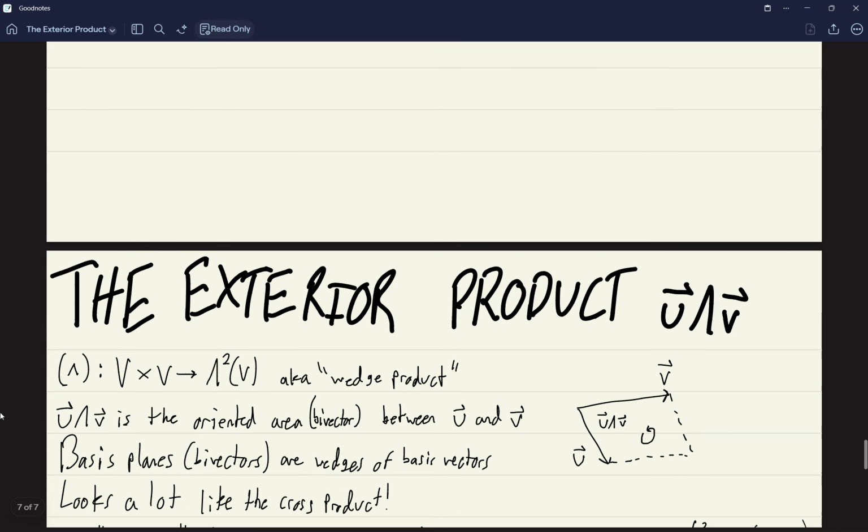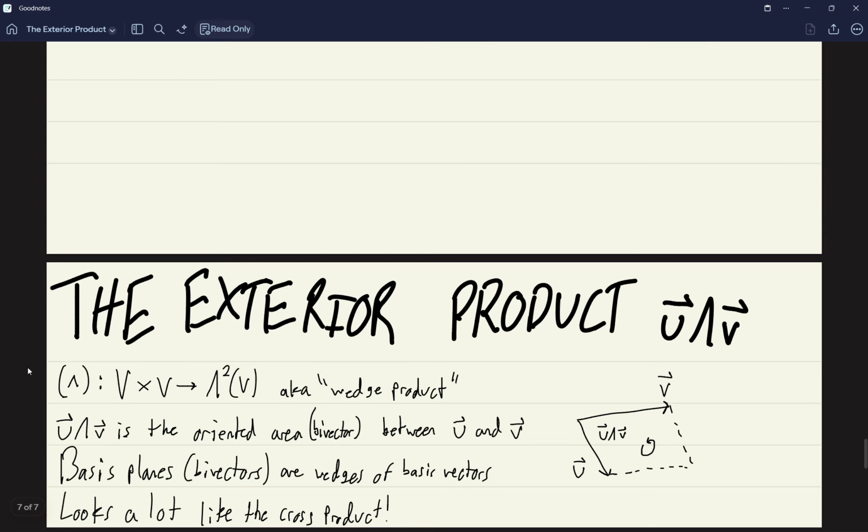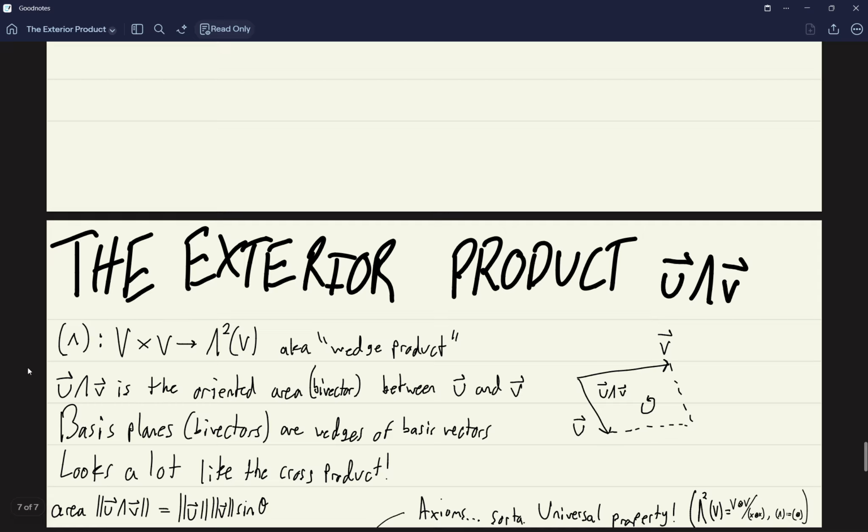So this operation kind of looks like the cross product, right? Which we would sort of expect. We're kind of hoping, since it's supposed to be doing the same thing, at least the good parts of the cross product should be preserved here. And we get that. So, for example, the norm of this vector, the magnitude of this vector, is that same norm u, norm v, sine theta, the area of this parallelogram, which is perfect.